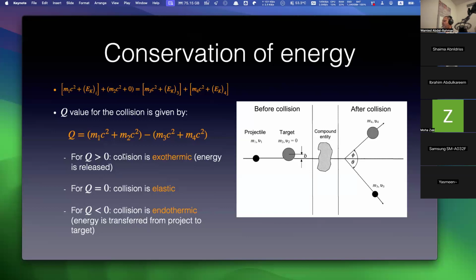For example, we can have a very low energy projectile particle, let's say a neutron, interacting with a target. The energy is very low, but the 2 particles here will have high energies because the Q value in this interaction is exothermic. Now for endothermic, the projectile must have a minimum kinetic energy in order for this interaction to happen.